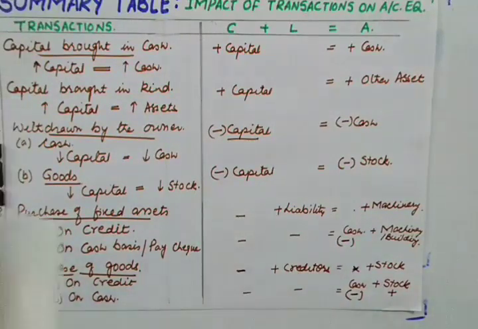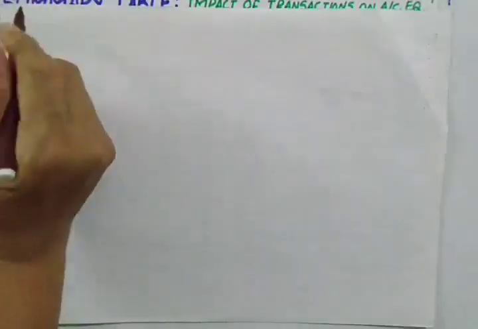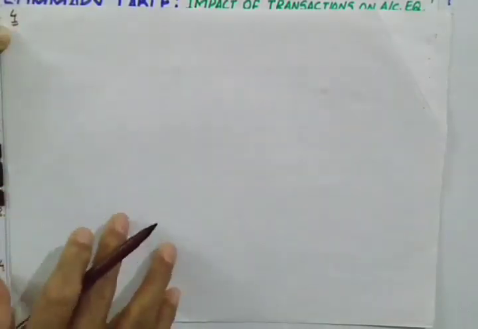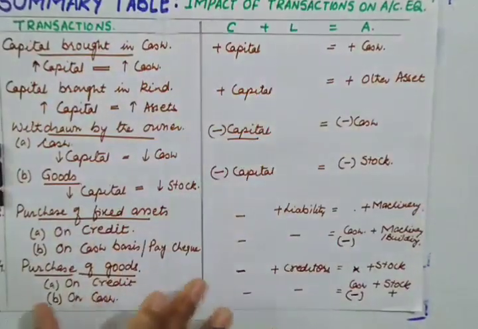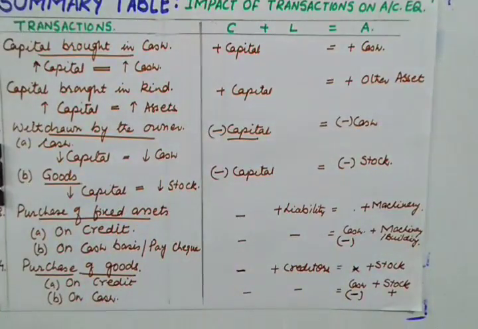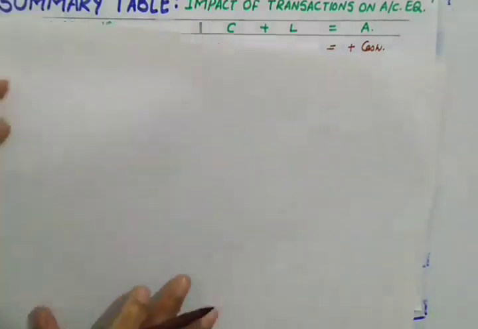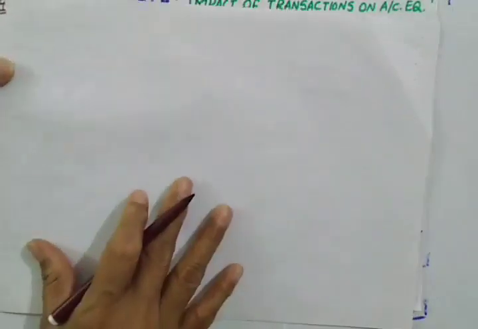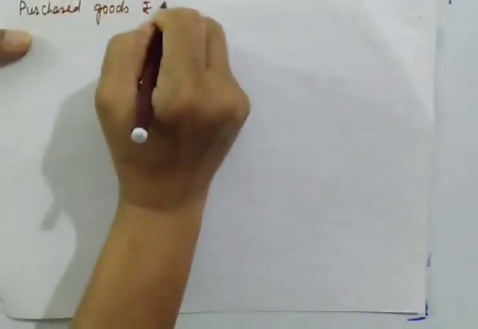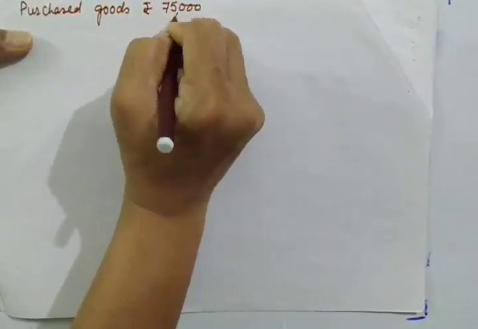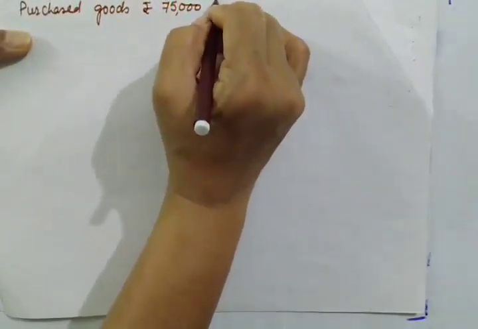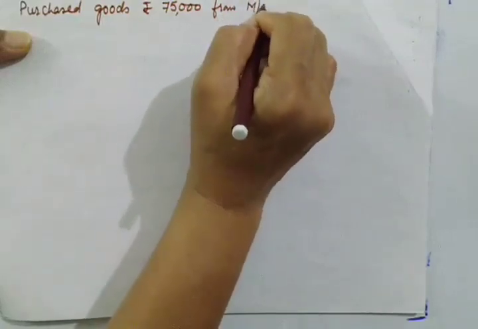So this is our fourth transaction example. You are also making two separate pages, one for the summary table, where I am not writing any numerical, and another page for examples. So fourth transaction, let us assume that the owner has purchased goods worth rupees, let us say 75,000, from Messrs.